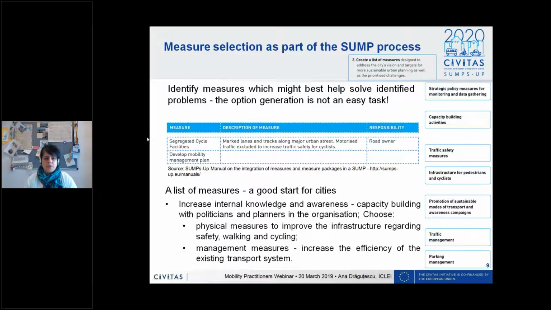So creating and listing the measures doesn't have to be necessarily done by only technicians. It can involve, and it's advisable to involve, a broad list of stakeholders. We have to include and choose physical measures to improve the infrastructure regarding safety, walking, cycling, public transport, but also mobility management measures that increase the efficiency of the existing transport system.